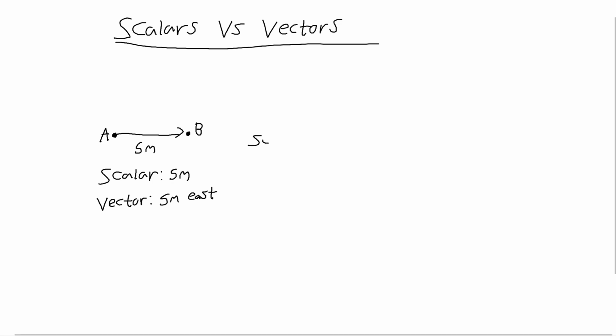So a scalar is just magnitude, and a vector is magnitude plus direction.